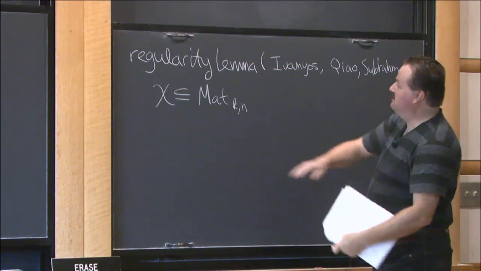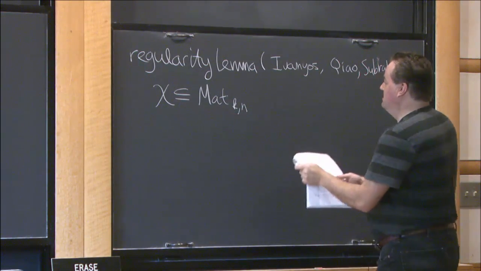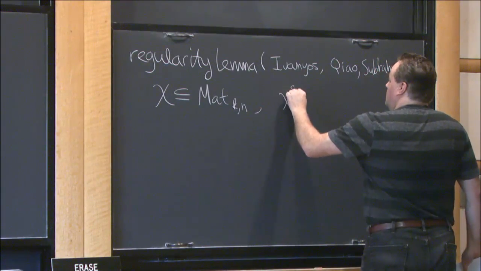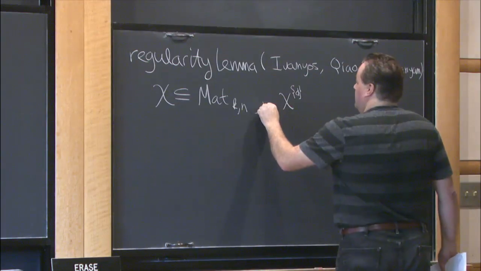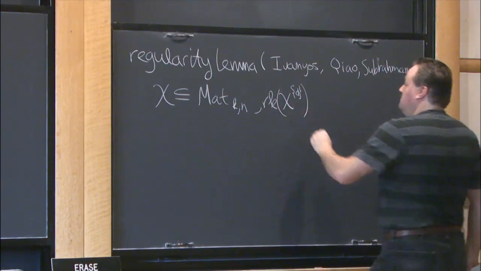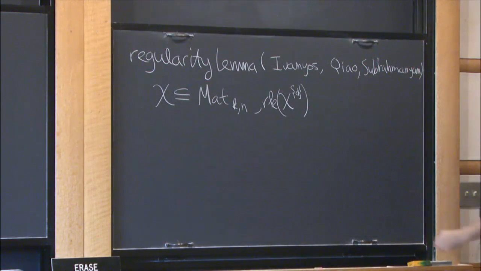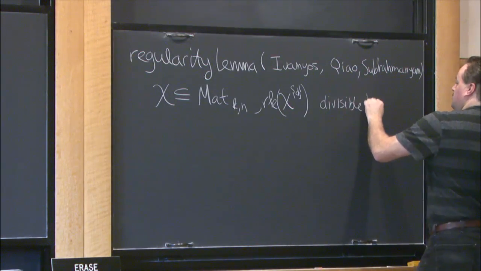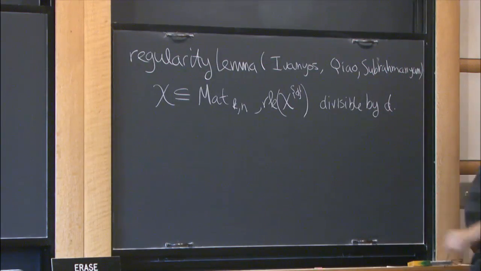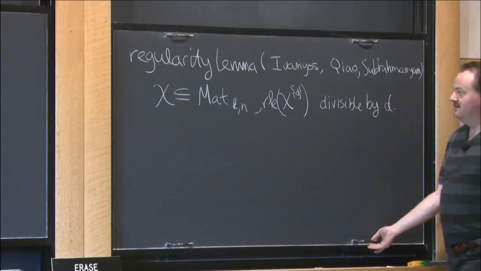So if you have a subspace X of k by n matrices, and we take the blow up and take the rank of that, the maximum rank appearing in this subspace, then this is divisible by d. So some kind of integrality condition.